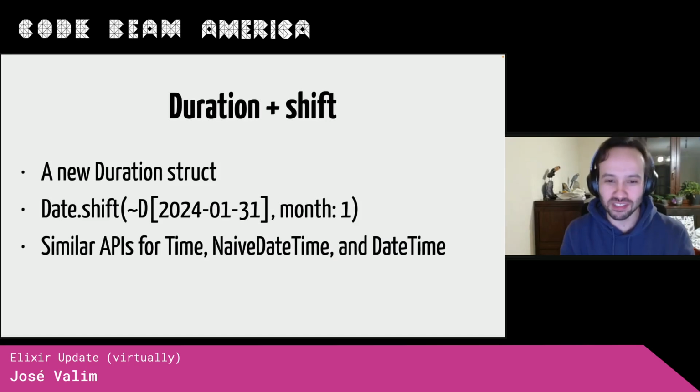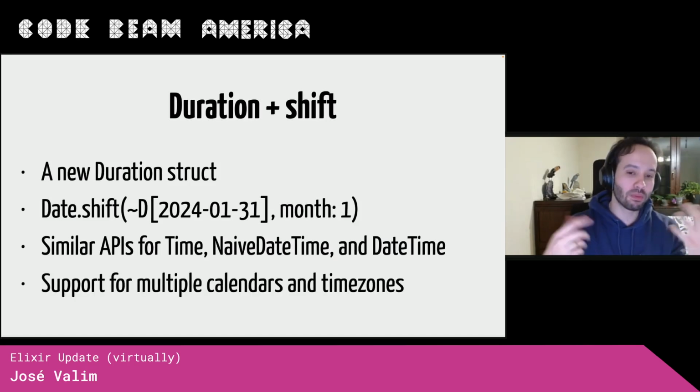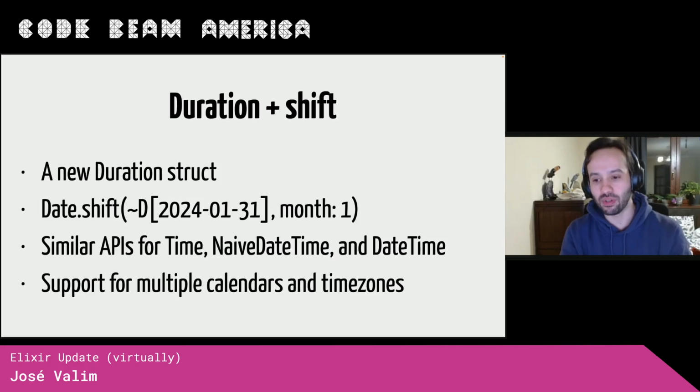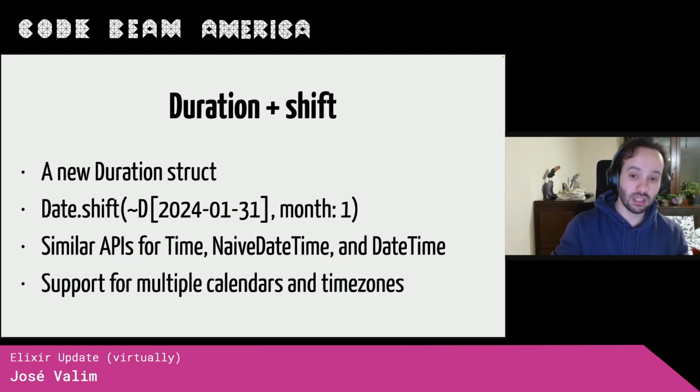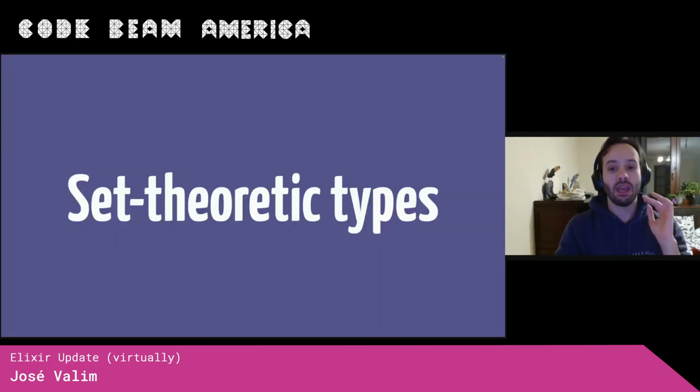So there are all those interesting questions, and there is a proposal tackling this, which also supports multiple calendars and time zones. So check out the Elixir core mailing list if you want to give your feedback on the proposal and your thoughts.